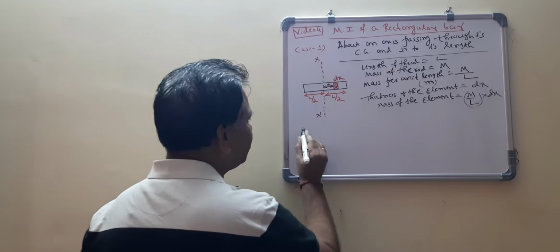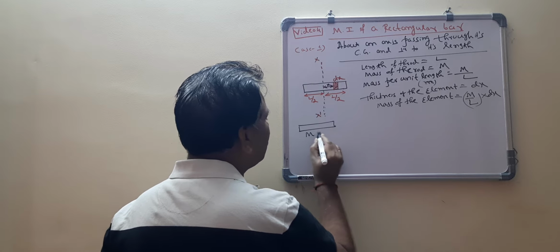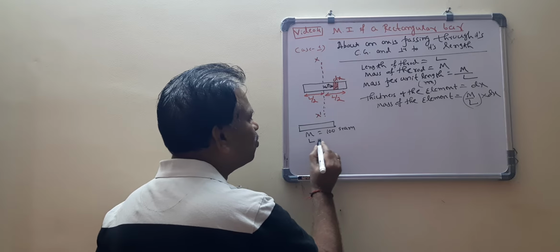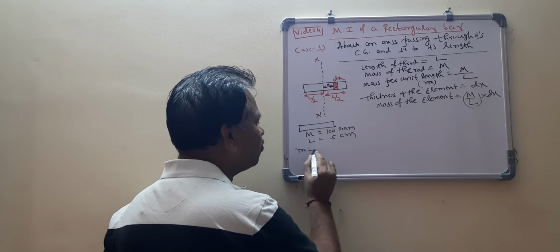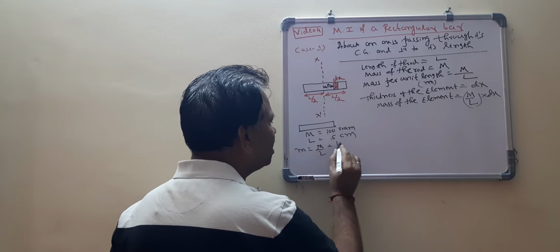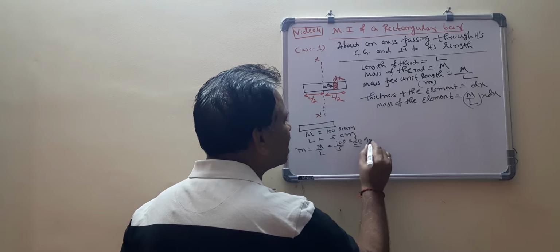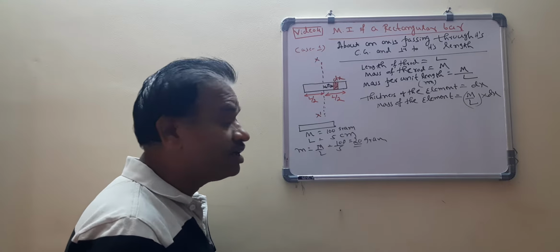Just now I told you: the rod has m equal to 100 gram and the whole length is 5 centimeter. Then small m equals M by L, 100 divided by 5, which is 20 gram per centimeter.